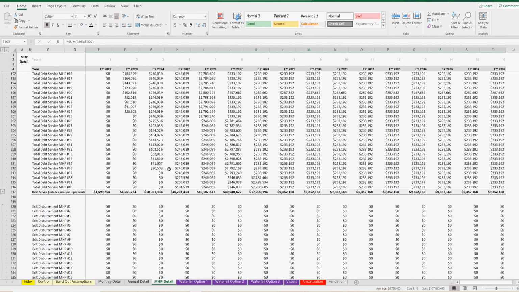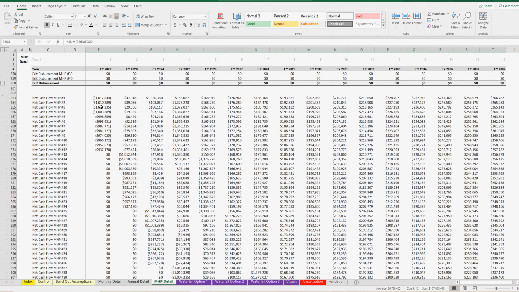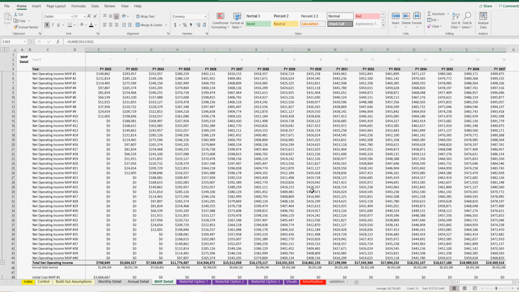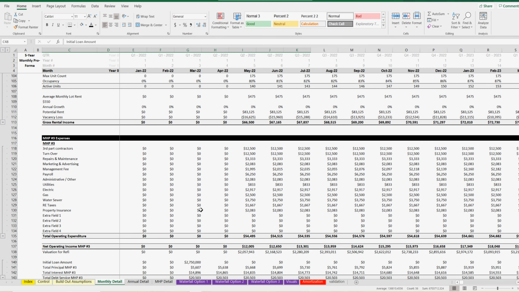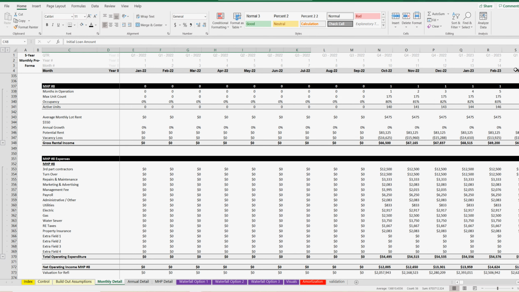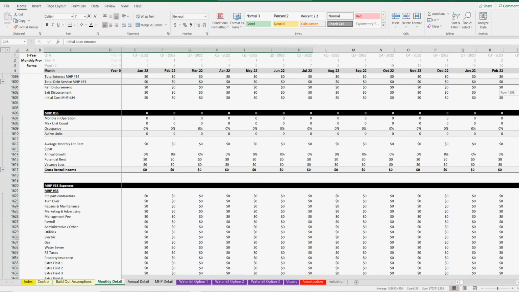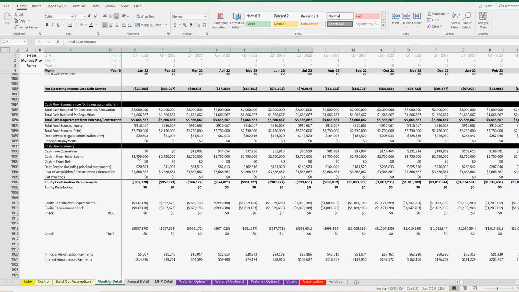When we get here, you'll be able to see the net operating income per park, initial costs, loan amounts, refi disbursements if applicable, debt service, exit value if there is any, and net cash flow for each park. All that was only possible if we call out everything in this monthly summary detail. So this goes down, and you can see it for all 40.